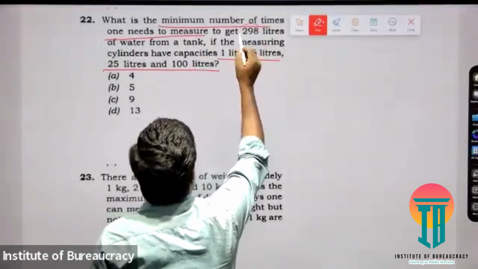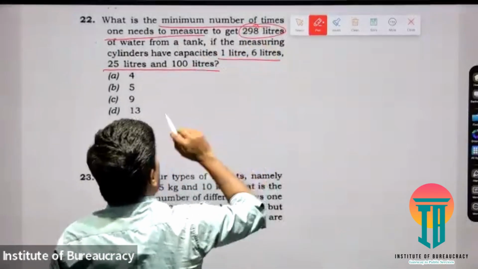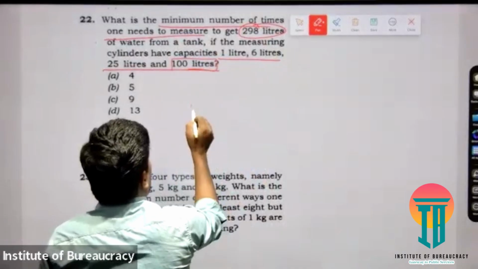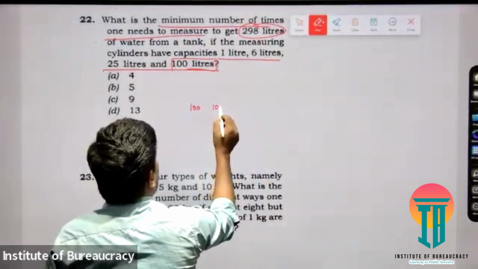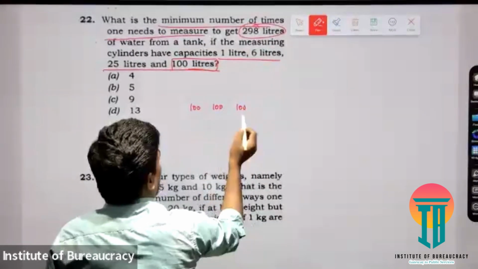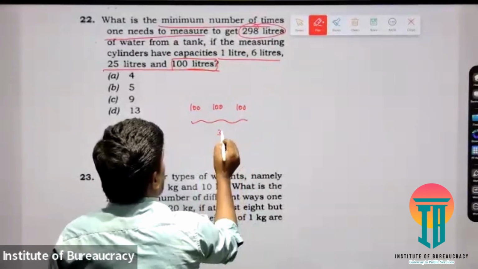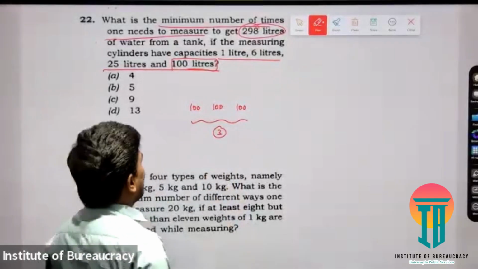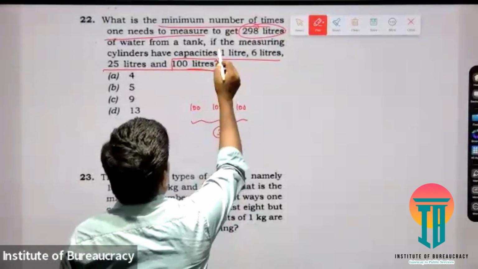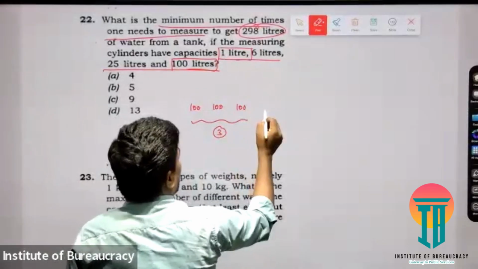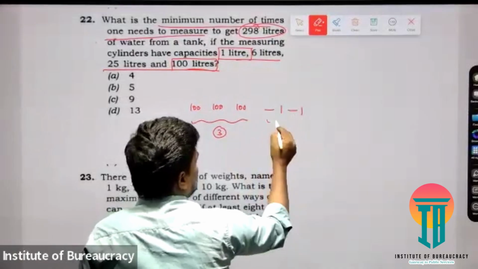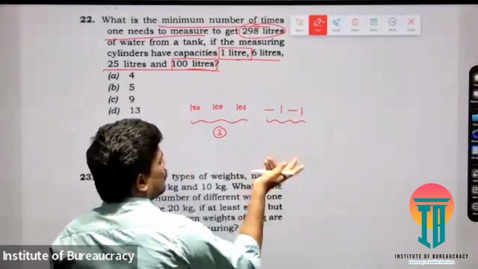See here, I need to get 298 liters. If I use 100 liters 3 times, I have measured 3 times, so I got 300. From this 300, using the 1 liter capacity, I can remove 1 liter 2 times.